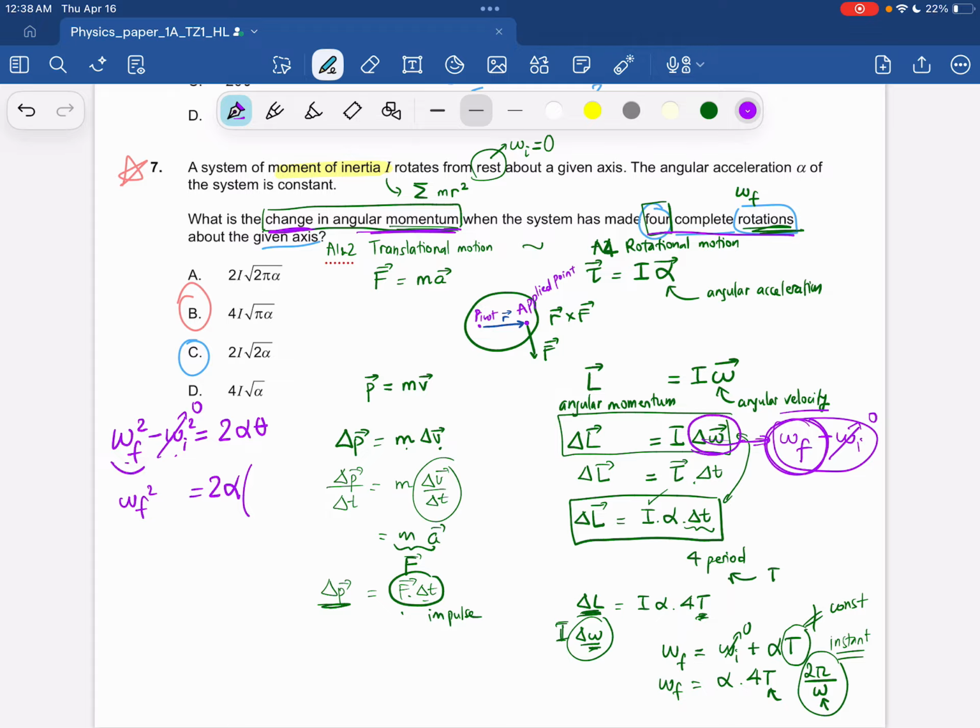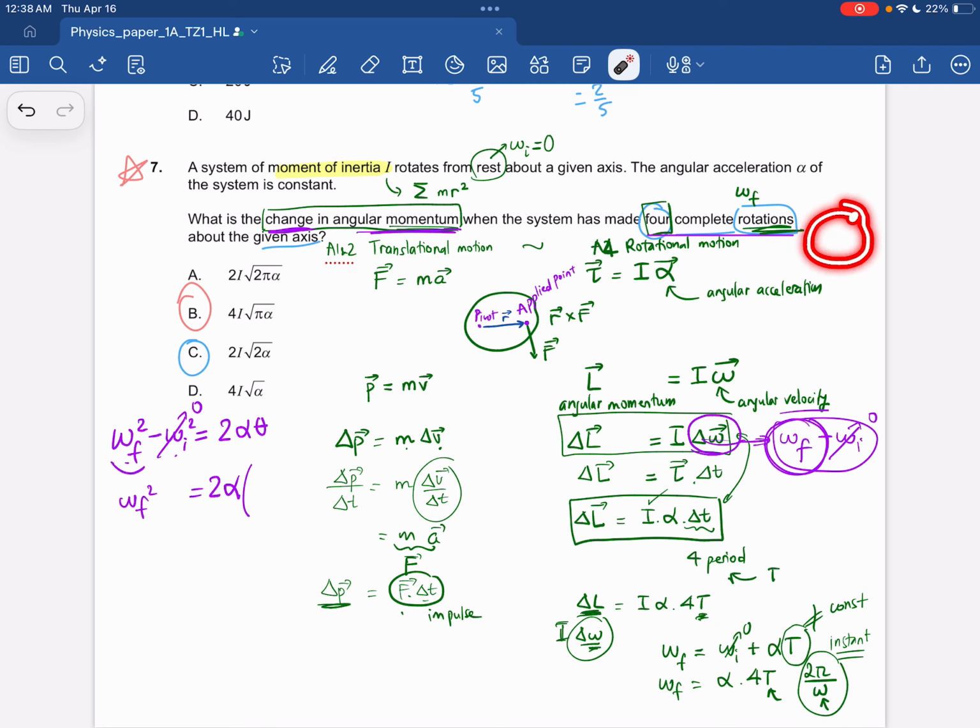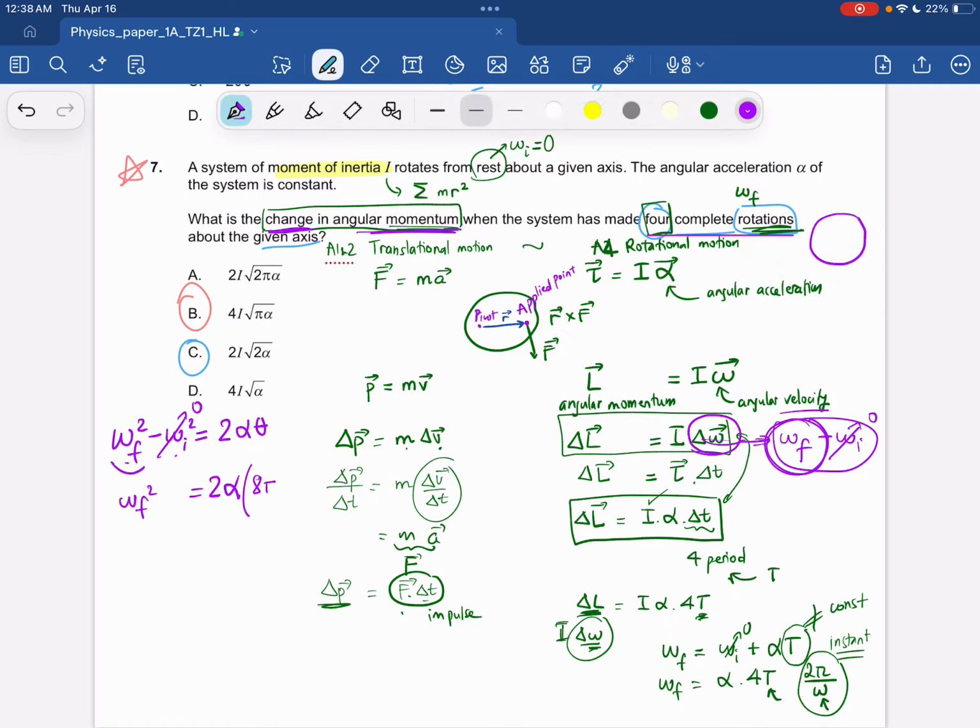After 4 complete rotations, how much is the angle it can rotate? Let's say this is the point. 1 complete is 2 pi, 2 complete is 4 pi, 3 complete is 6 pi, and 4 complete will be 8 pi, right? So that should be 8 pi.